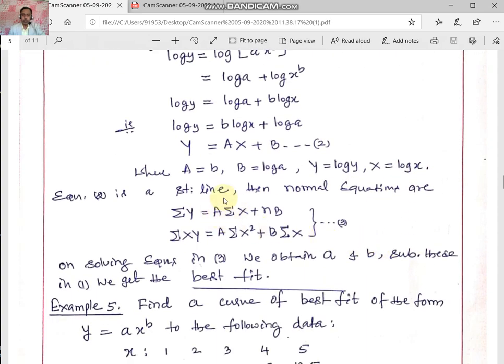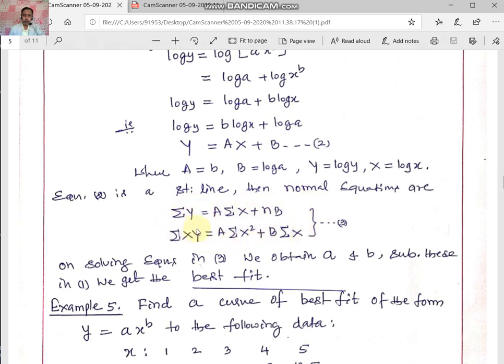Now for this equation 2, that is the straight line, normal equations will be written in the form of sigma Y is equal to A into sigma X plus n times B. And one more equation, multiply the above equation throughout by X: sigma XY equals A sigma X square plus B sigma X. So these two equations will be called the normal equations.